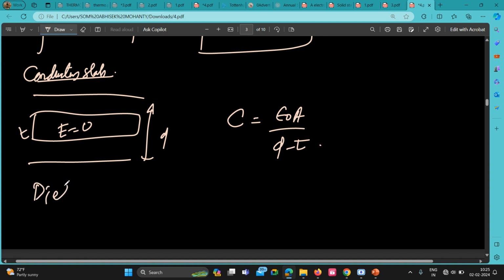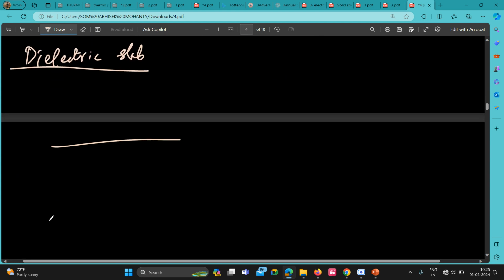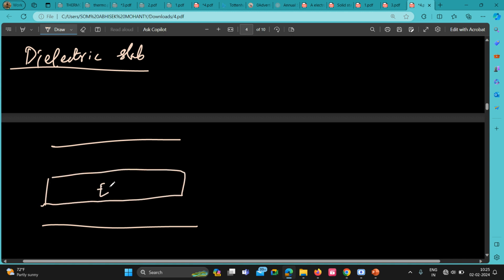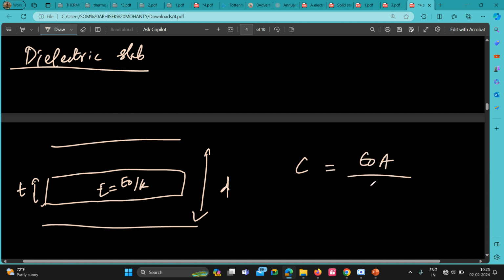If there is a dielectric slab, then E is equal to E naught by K. So C is equal to epsilon naught A by (d minus t plus t by K).